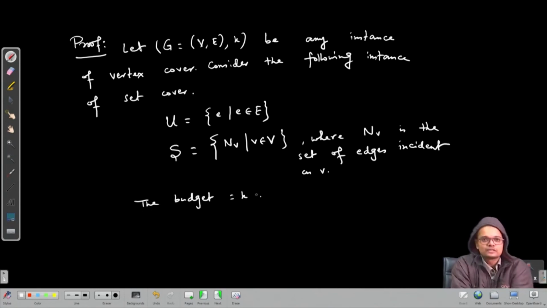So in the next class we will see the equivalence of these two instances and also explain why this is an approximation preserving reduction. Okay.